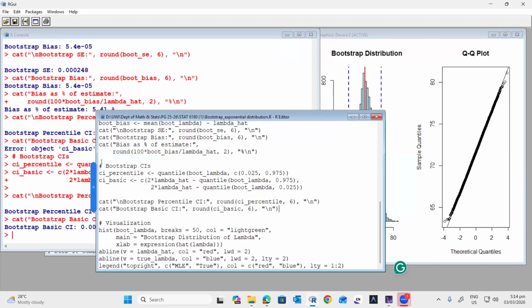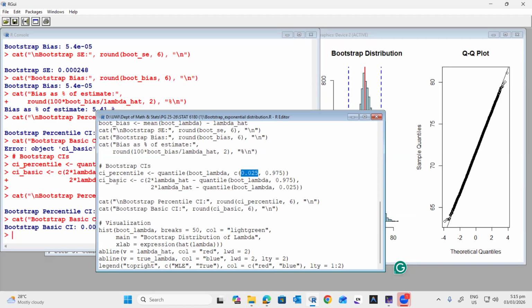We are finding the percentile confidence interval. For that, we are going to use the command quantile(boot_lambda, c(0.025, 0.975)). This is for the lower and upper values of alpha: alpha by 2 and 1 minus alpha by 2 that we need to provide here.